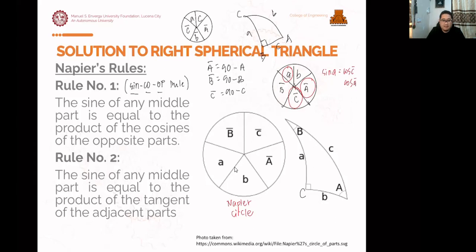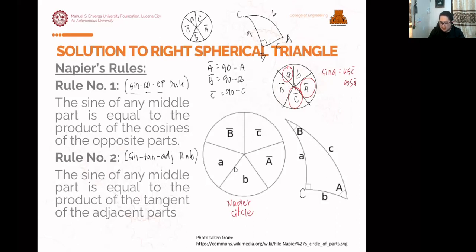Ngayon, depende din sa given, pwede natin apply yung rule number 2, which states that the sine of any middle part is equals to the product of the tangents of the adjacent parts. So yun yung tinatawag nating sine tan-ad rule, no?